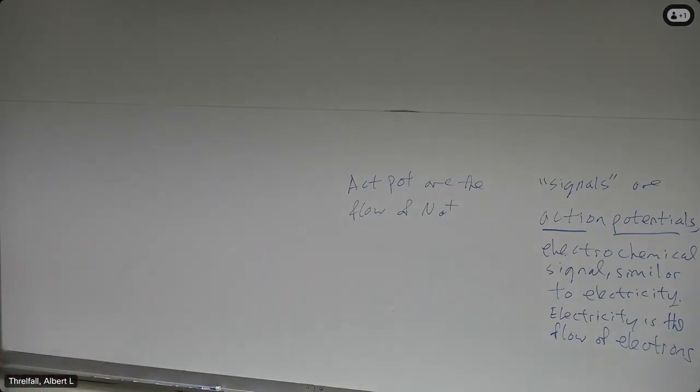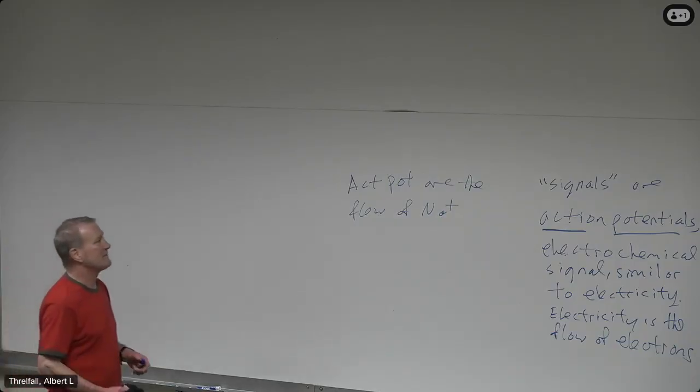They are both what? Charged. They're both charged things. They're both charged entities. That's what makes action potential similar to electricity. Electricity, electrons are flowing through a wire. Action potentials, sodium is flowing through a nerve cell. Again, we will come to really understand action potentials, but it won't be today. It won't be next week.